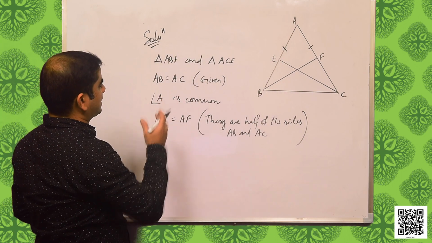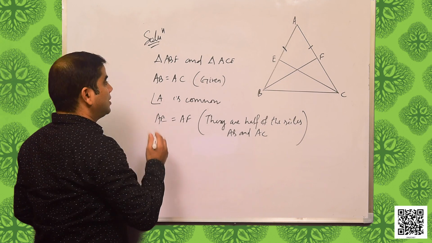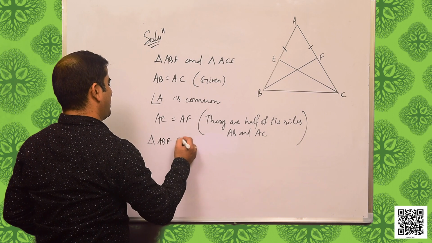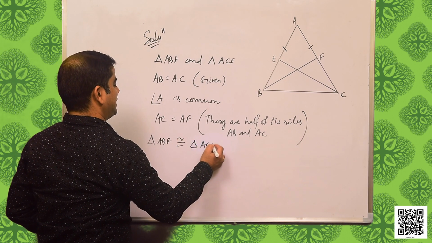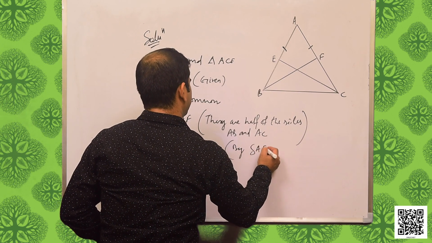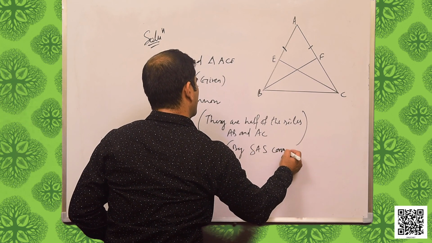Now, we have two sides and the included angle. So, triangle ABF is congruent to triangle ACE by side angle side congruency.